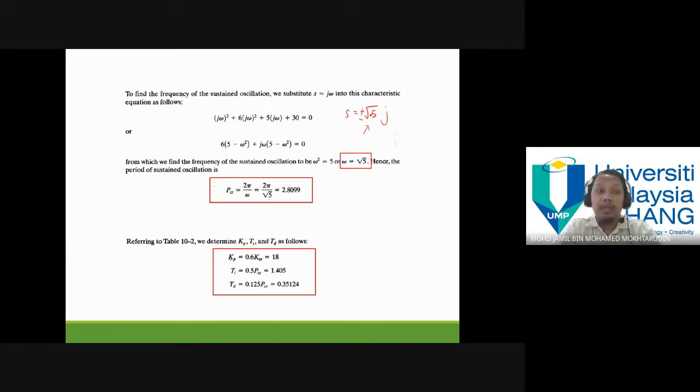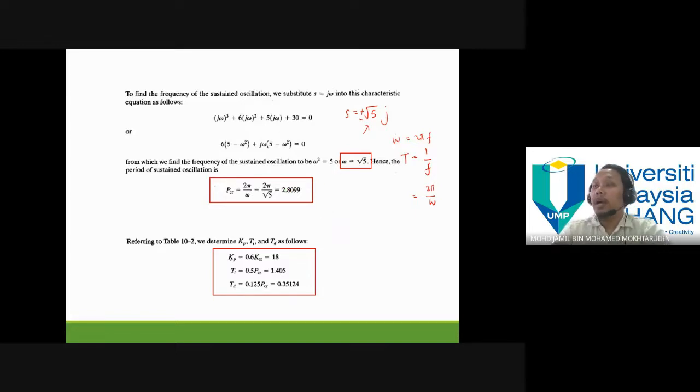So this is omega, not frequency f, okay. Omega is 2 pi f, so T is 1 over f, or equals 2 pi over omega. And then find PCR. So we get PCR equals 2.8099.